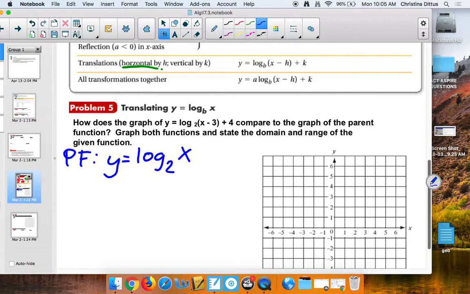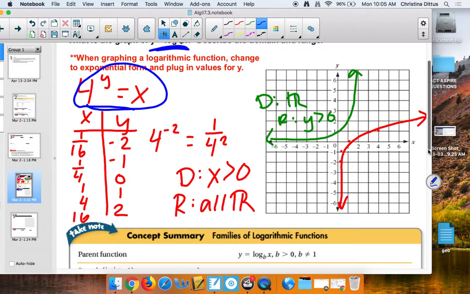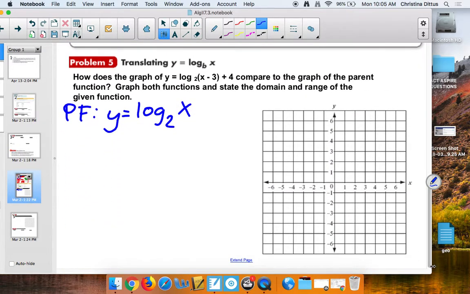In my table, what did I plug into? Y. Did I use this for my table? No, what did I use? Okay. So how do I change y equals log base 2 of x into something like that?